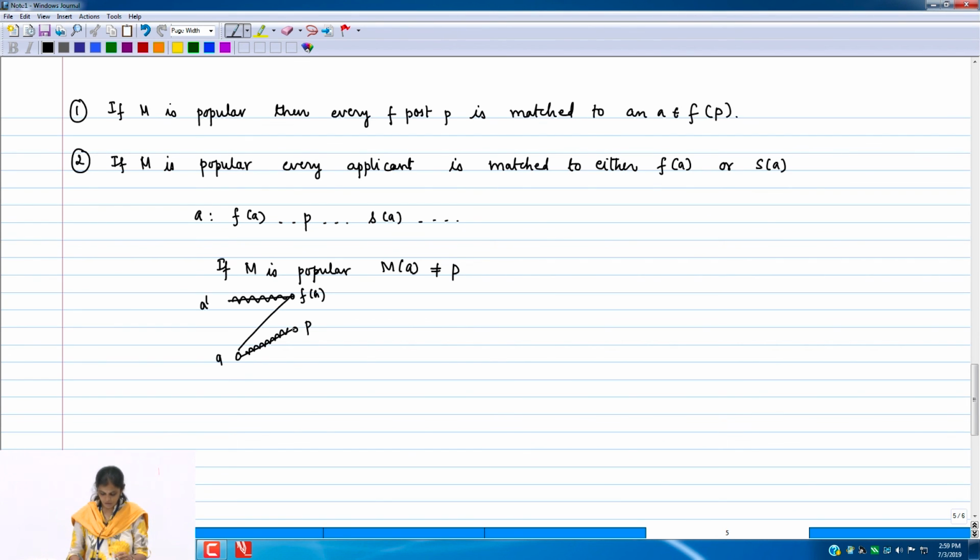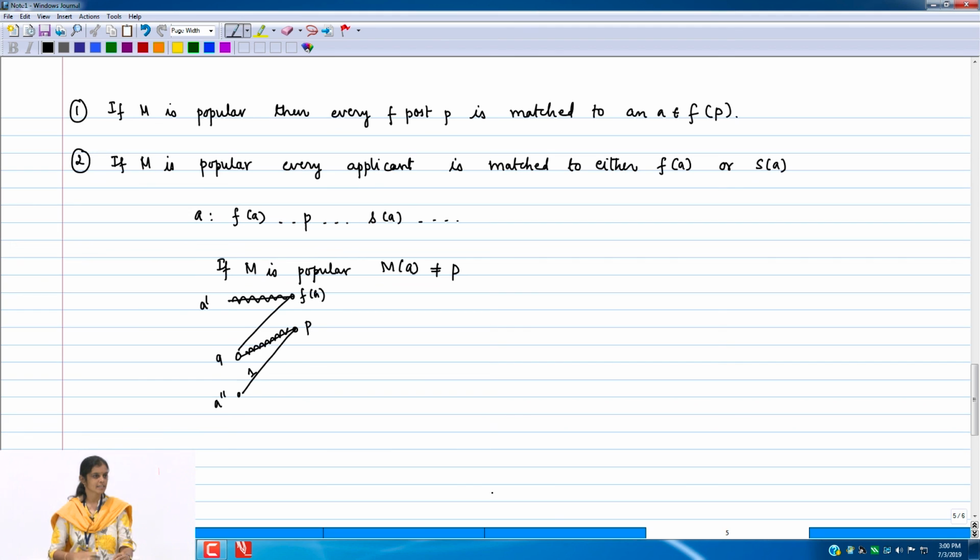So good. We know that there is some other applicant, A double prime, who treats P as its rank 1 post. And that applicant is not matched to P because P is matched to A. Therefore, we can promote A double prime to P, A to F of A, and demote the applicant A prime to be unmatched.